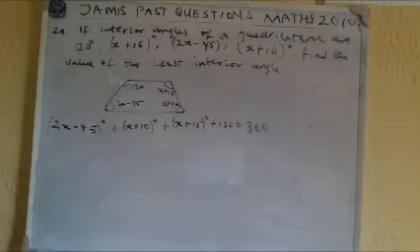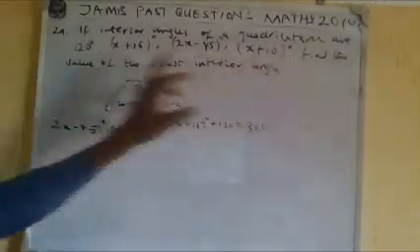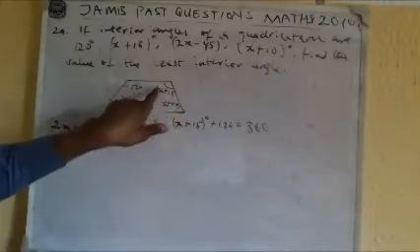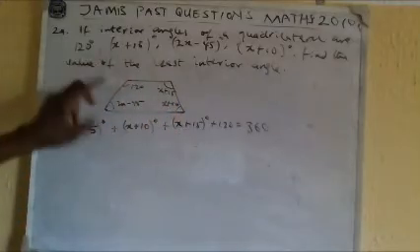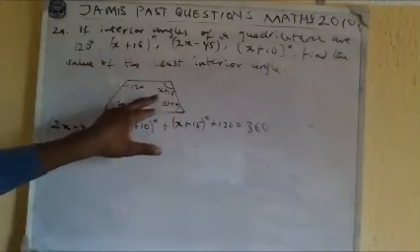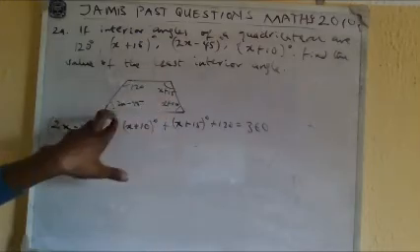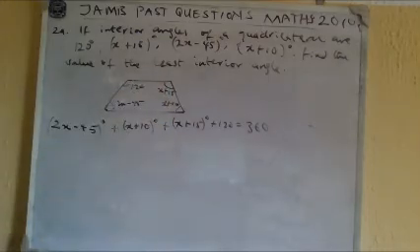That's the sum of all the angles. Let us find what x is. The question says we should find the least interior angle. So by the time I find what x is and compute everything, which of them is the smallest angle? That's what they're asking us to do.